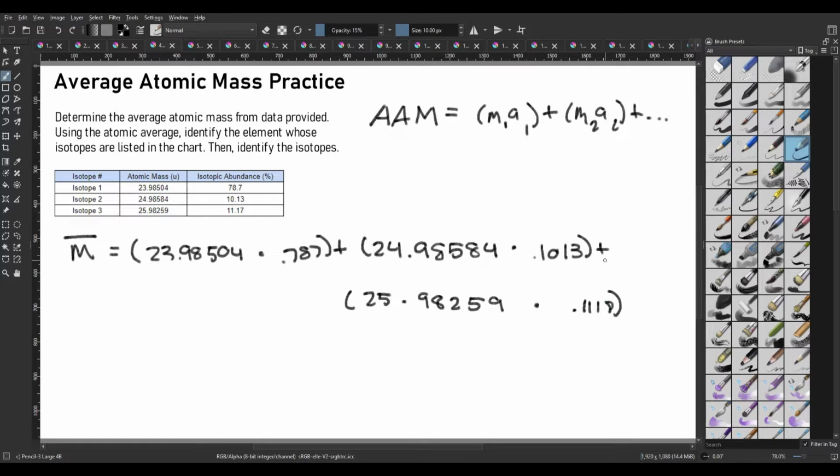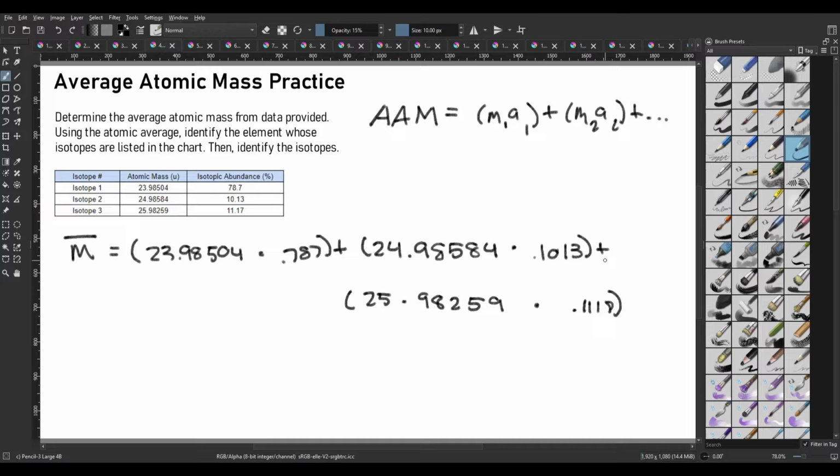And we put this in our calculator. Let's do this really quick here. 23.98504 times 0.787 plus 24.98584 times 0.1013 plus 25.98259 times 0.1117.